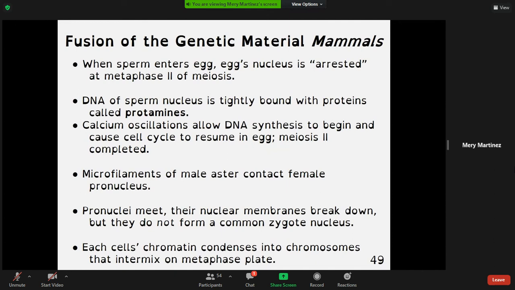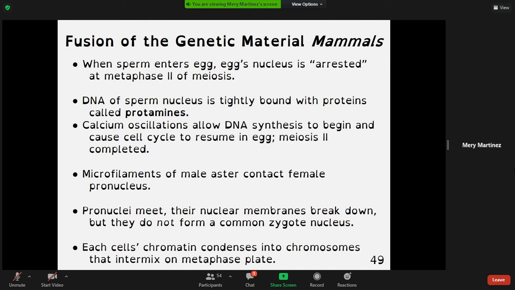Calcium oscillations activate a kinase that causes the egg to go back into the cell cycle. That's exactly what we saw also in sea urchin, okay? So the oocyte nucleus does complete its meiosis 2.